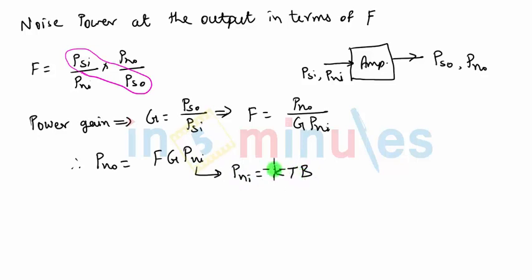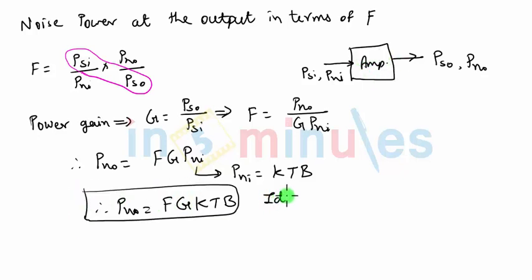We have defined the thermal noise power as KTB. So if the source of input noise is nothing but the thermal noise, then PNI will be KTB, and therefore the output noise PNO will become F G KTB, where K, T, B are as per their usual notations, G is the power gain of the amplifier, and F is the noise factor.